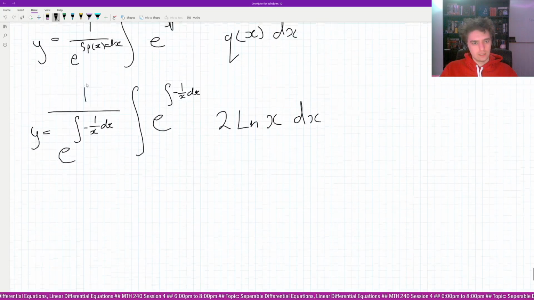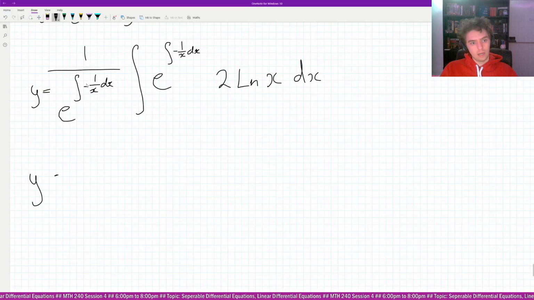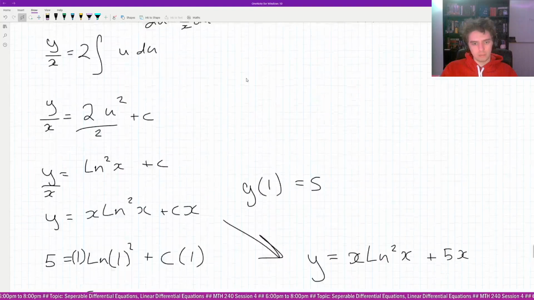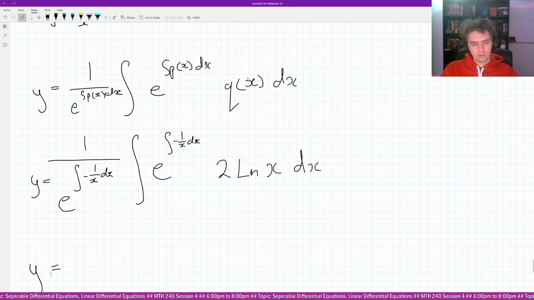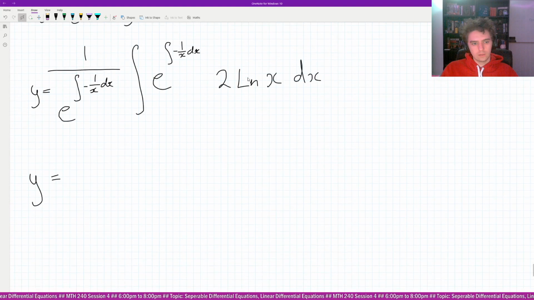Okay, let's see if it works. The integral of negative 1 over x is just negative ln absolute value x.